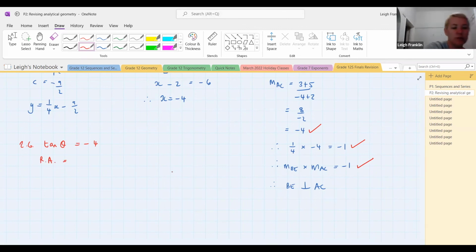You don't have to do it this way. You can work out the negative angle and then add 180 degrees to it. Or you can subtract your reference angle, which in this case is 75,96. So theta is equal to 180 minus 75,96.